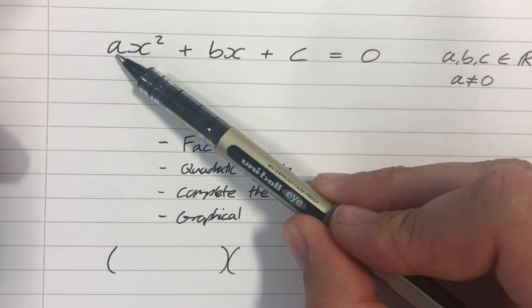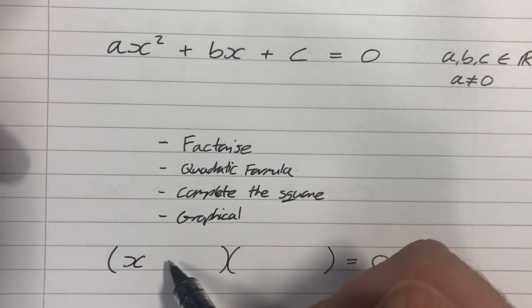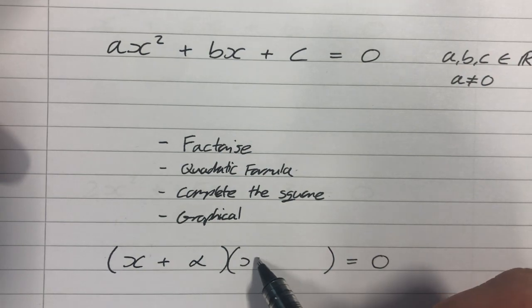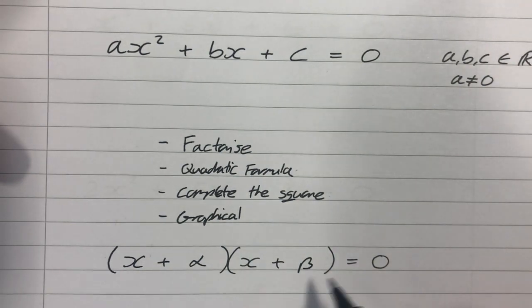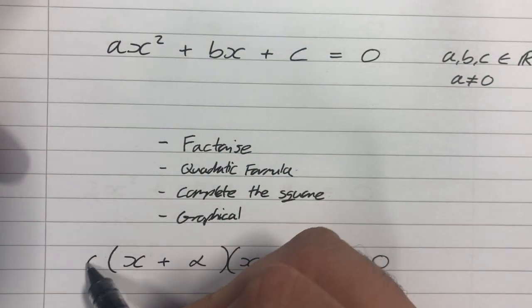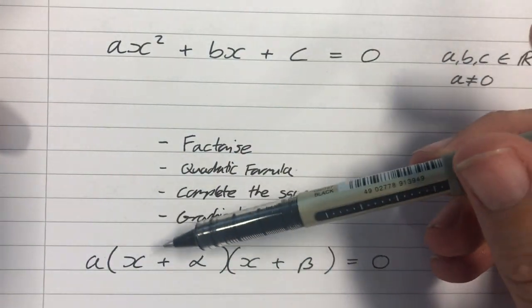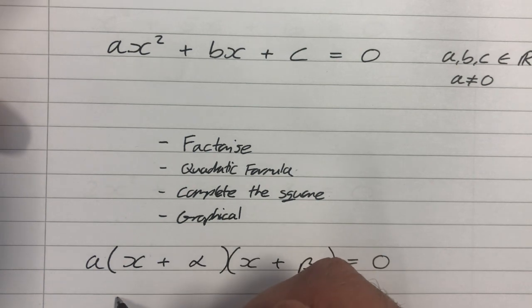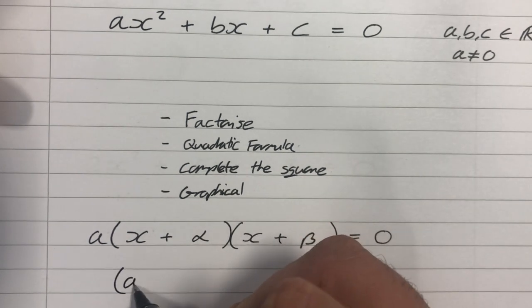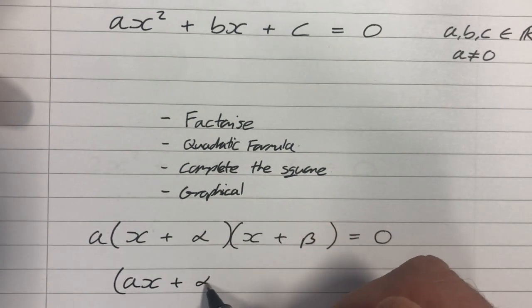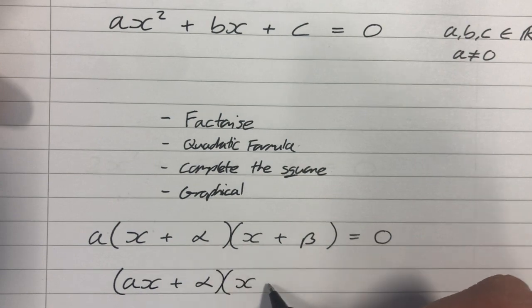So if a is 1, then we're going to end up with an x plus something and an x plus something else equals 0. If a isn't 1, then we could take a out or divide the whole thing by a. Or we may have a situation where there will be an a inside one of the brackets, like this.